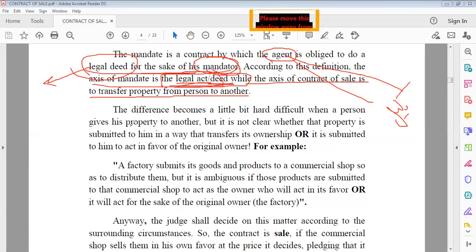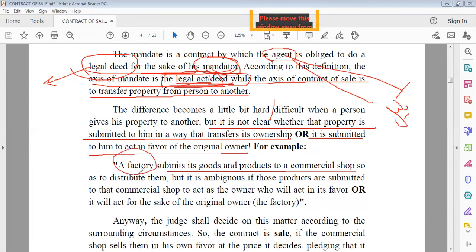Okay. The difference becomes a little bit difficult when a person gives his property to another, but it is not clear whether that property is submitted to him in a way that transfers the ownership, or it is submitted to him to act in favor of the original owner. For example, let's say a factory, مصنع, submits its goods and products to a commercial shop.